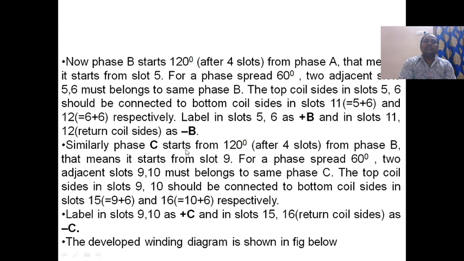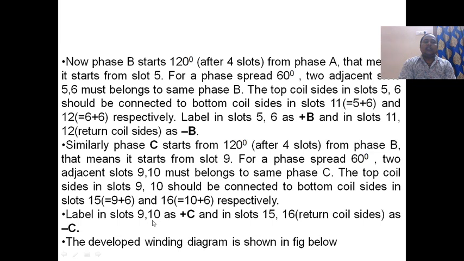Similarly, phase C starts 120 degrees, which is 4 slots, after phase B. That means it starts from slot 9. For a phase spread of 60 degrees, the two adjacent slots 9, 10 must belong to the same phase C. The top coil sides in slots 9, 10 should be connected to bottom coil sides in slots 9 plus 6, which is 15, and 10 plus 6, which is 16, respectively.